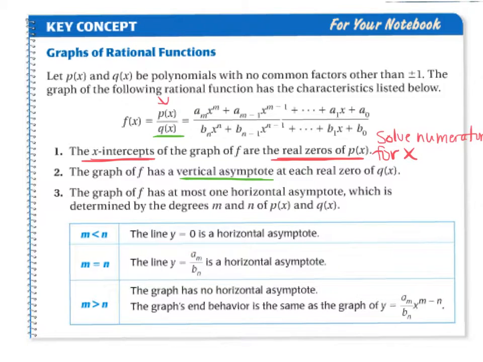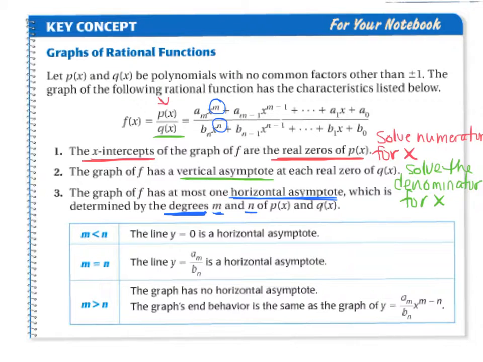Now step 3 is helping us find the horizontal asymptote for any rational function. And it is important to remember that what we're going to be comparing here is the degrees. The degree of the numerator we'll call m, and the degree of the denominator we're going to label with an n, and you can see them up here. Here's your m and there's your n. And you find your horizontal asymptotes by comparing the degrees.